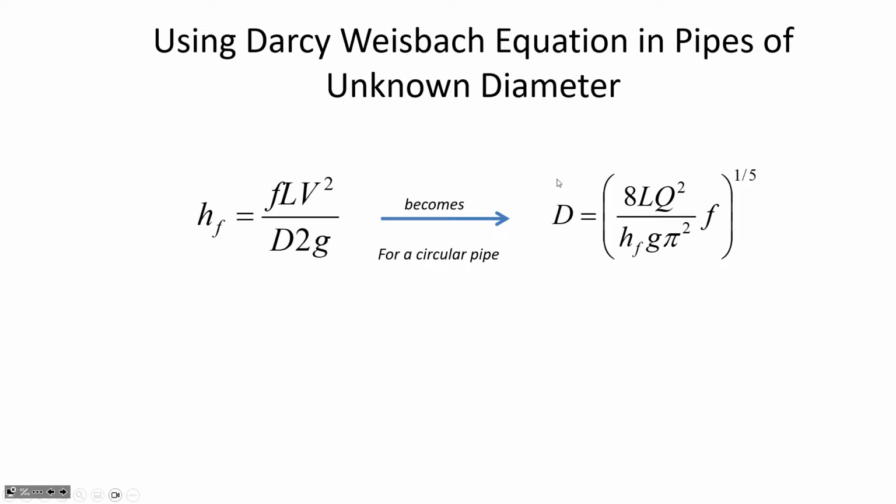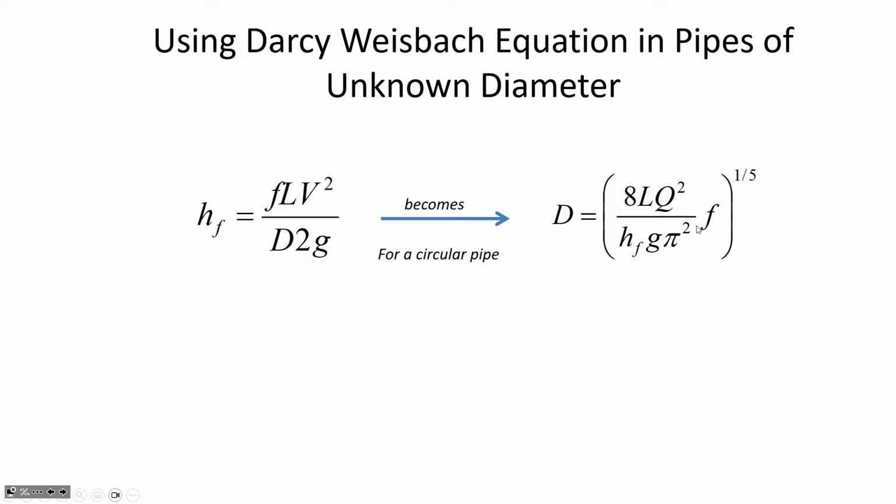You know, D is only on the left-hand side of the equation, so it's not that implicit equation that we were talking about earlier. But there is something that makes this process tricky. And that is, we don't know what diameter of pipe is needed until we know what the friction factor is. But what does the friction factor depend on?